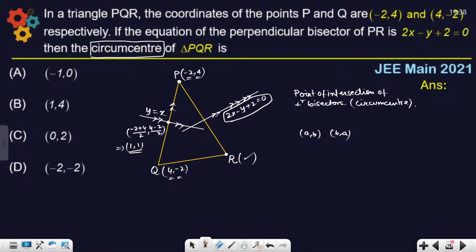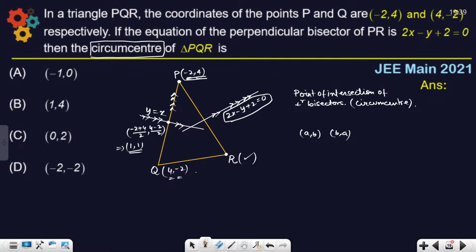See, I have not gone for any calculation here. Otherwise, you have to find out the midpoint, the slope of PQ, then the slope of this perpendicular bisector, then the equation. So many steps you have to do. So to save time, if we simply observe that -2, 4 and 4, -2 are opposite, then definitely the line mirror is nothing but y equals to x.